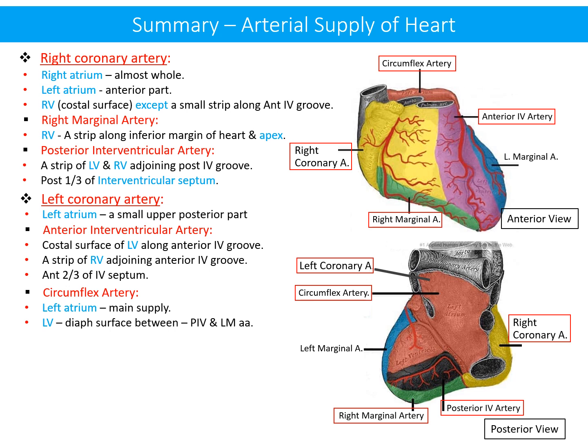The circumflex branch of the left coronary artery supplies the major posterior aspect of the left atrium. It also supplies the diaphragmatic surface of the left ventricle between the posterior interventricular and left marginal arteries.